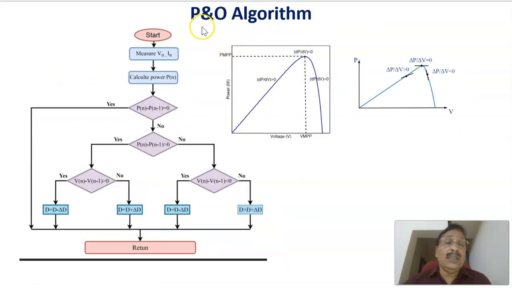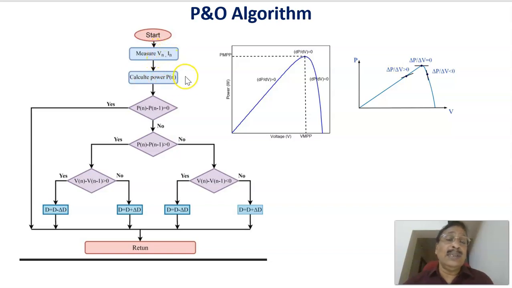This is the P&O algorithm. As a flowchart, it is represented. Start: as I told you, you have to get the instantaneous value of the panel voltage and panel current, and then you will be calculating the power, which is the product of voltage and current.